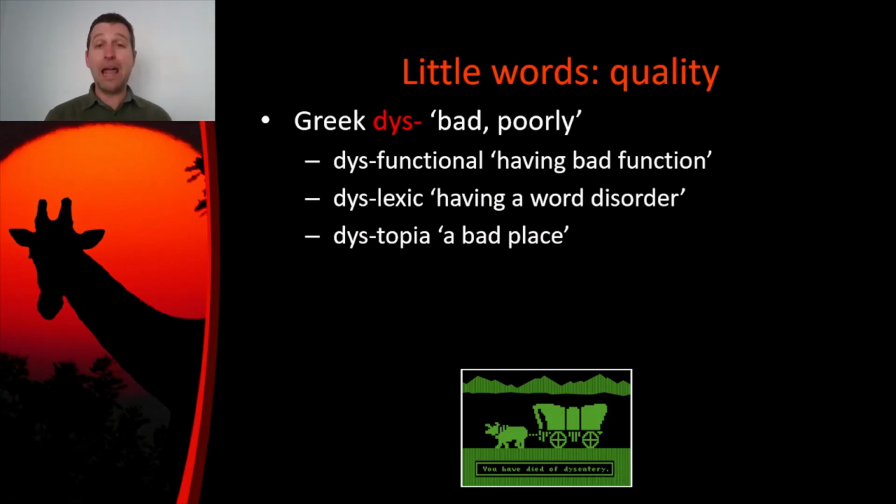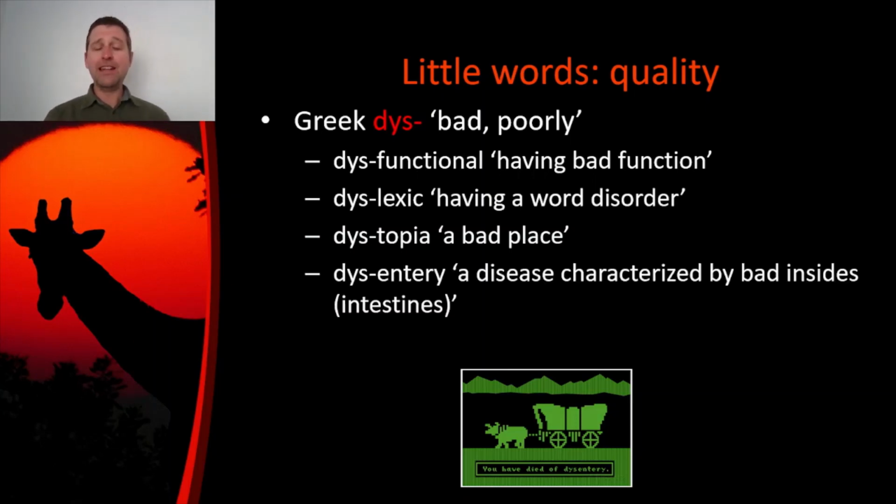Dystopia literally means a bad place. It's a place that is kind of not working out so well. Maybe people thought that they could make it a utopia. If we go back to the last slide, a utopia is a good place, but a dystopia is oftentimes what utopias tend to turn into. They turn into bad places because somebody screwed it up and didn't see things coming.